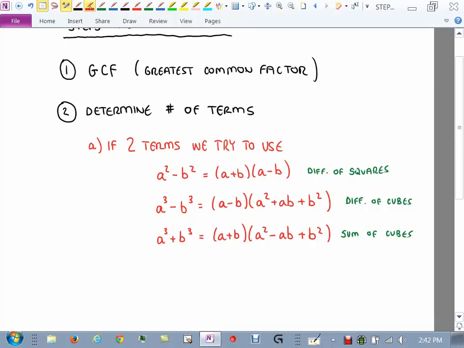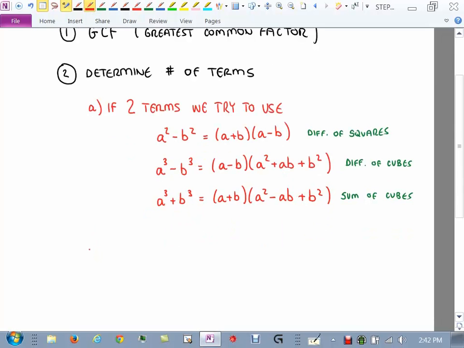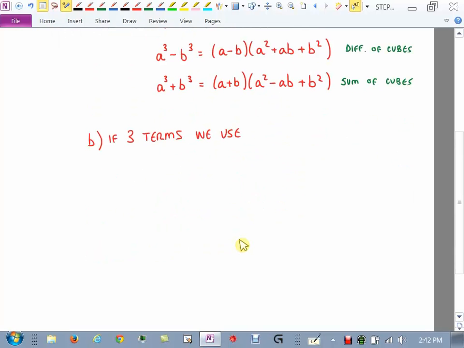But that's what happens if we have 2 terms. What if we had 3 terms? Anyone remember what you do if you have 3 terms? We use something called, depending on how you learned it, something like the AC method. AC method. We're going to review all this. I'm going to give you examples, but hopefully that's ringing a bell.